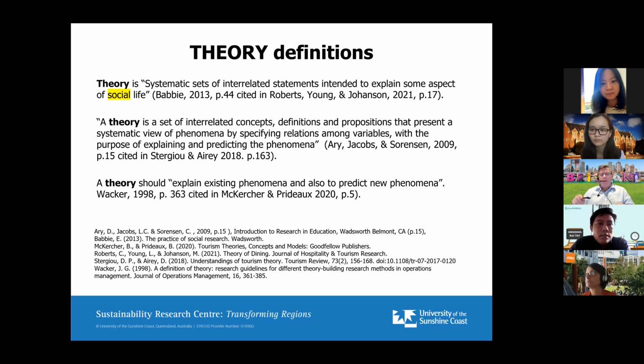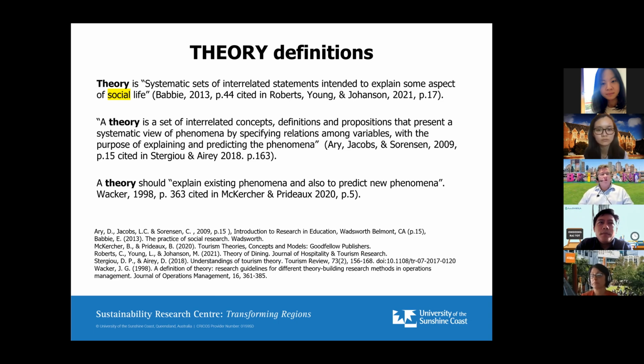Well, to me, that has the word prediction in it, but it's about prediction of new phenomena, not predicting how existing phenomena will behave in future. So I think that, like anything, theories are based on particular academics' views of tourism or what they're studying and their own way of thinking.